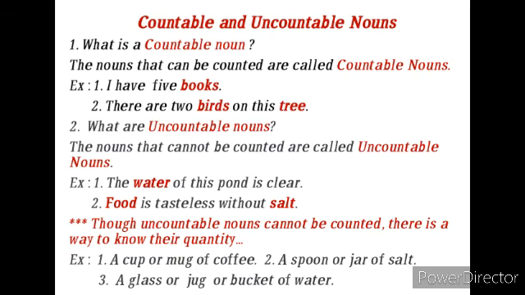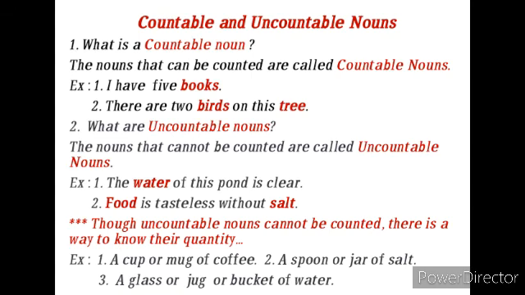A spoon or jar of salt. As you all know, salt cannot be counted, but when you put it into a spoon or a jar, you can know the quantity of that salt. The quantity can be counted. A spoon of salt, it is the quantity of the salt. A jar of salt, it is the quantity of the salt.